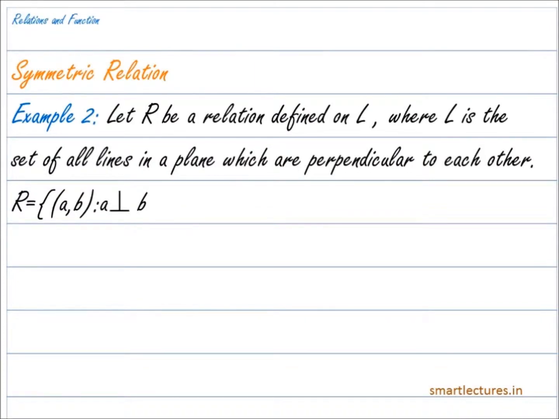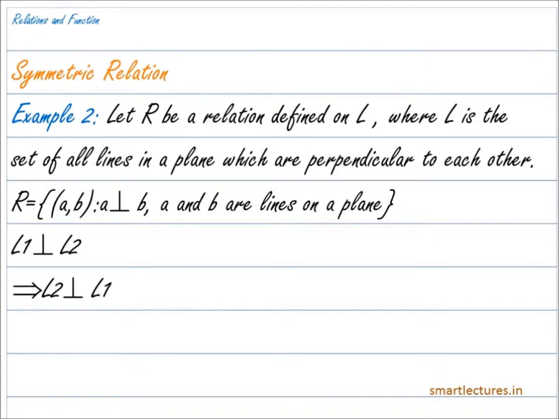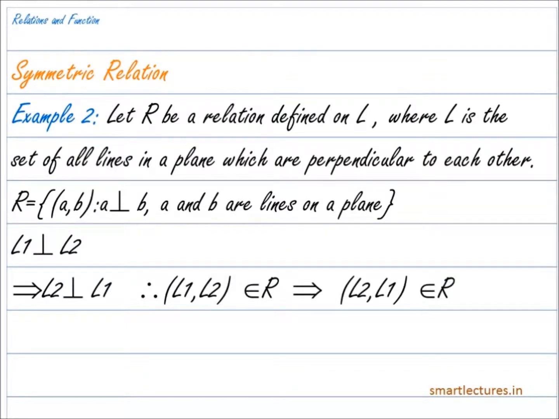Now here you can see L1 is perpendicular to L2, which is given. Now since L1 is perpendicular to L2, that means L2 is also perpendicular to L1. So if (L1, L2) belongs to R, then that also means (L2, L1) also belongs to R. Therefore, R is a symmetric relation.